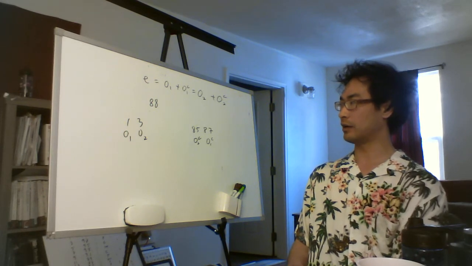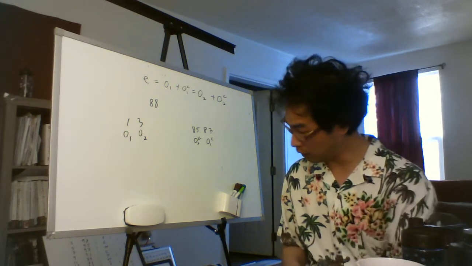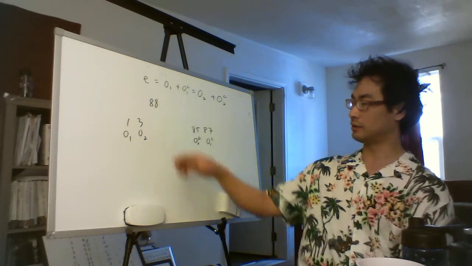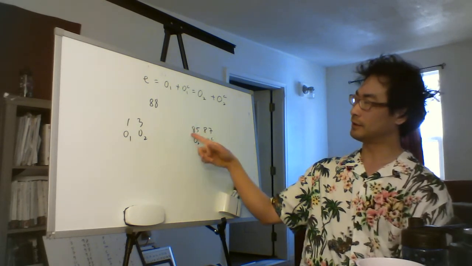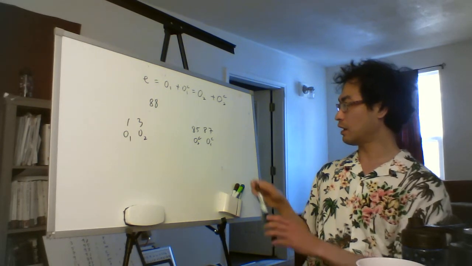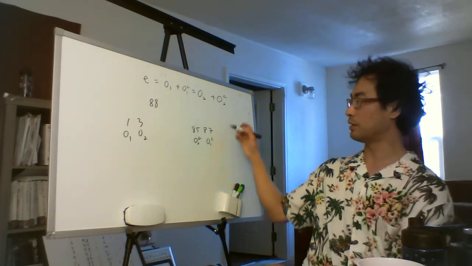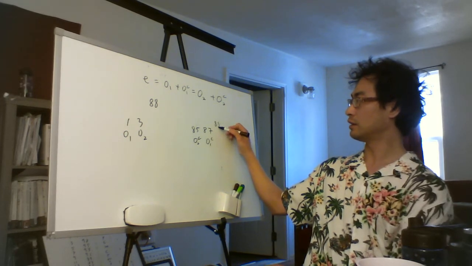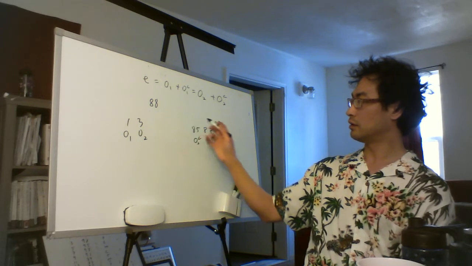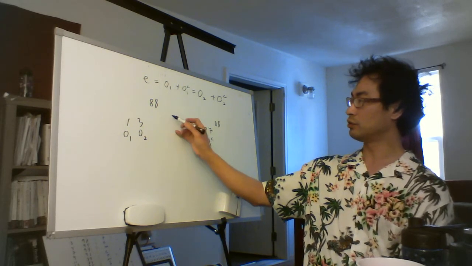Now, we are dealing with an even number, just in this example, 88. Divided by 2, you have 44.